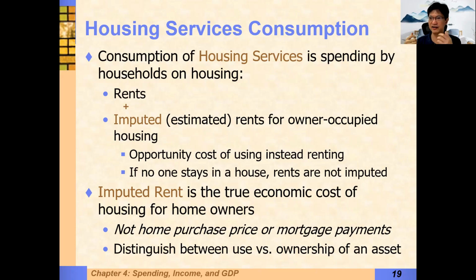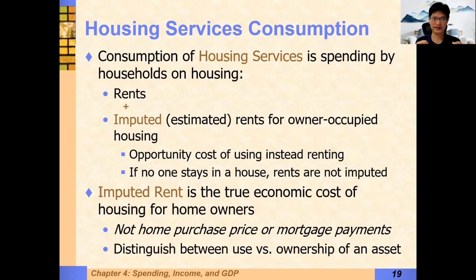So that's what they're giving up. That's the opportunity cost of living in their own apartment. That's their cost of housing. And we consider that to be their payment for housing services, imputed rent or estimated rent. And we add that to the rent paid by renters to landlords to get the total amount of housing services that's being consumed in the economy.